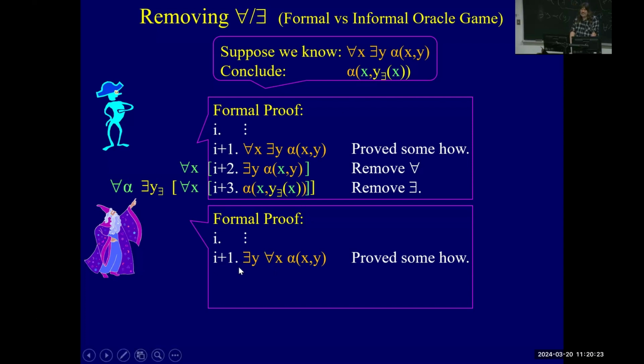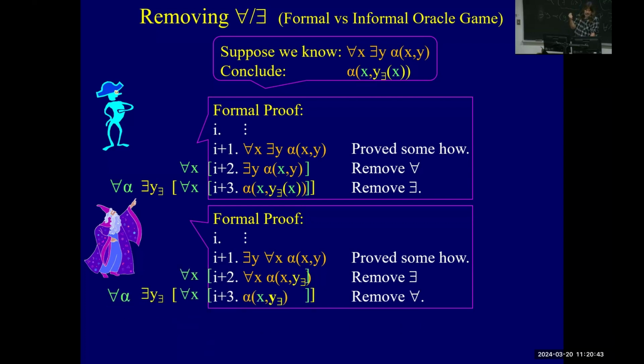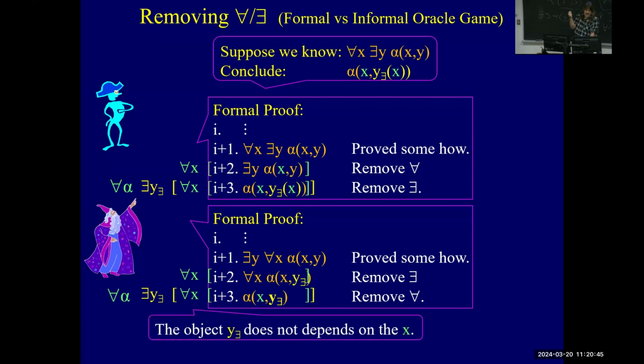So this says there is one y that works for every x. So here I can remove the exists. There's one y that works for every x. And so I can bring in the free variable, and so that's okay.